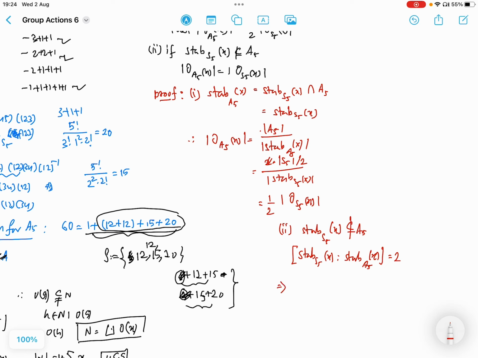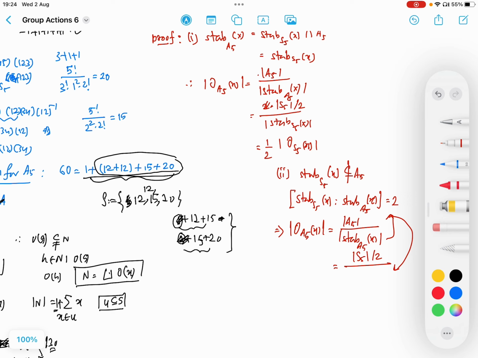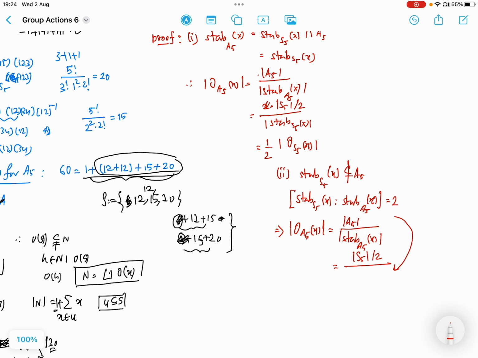So again, you get that the orbit of this inside A5 is the order of A5 modulo the stabilizer of x, and then this is this by 2, and from this relation what you get is that the stabilizer of x is again 5.